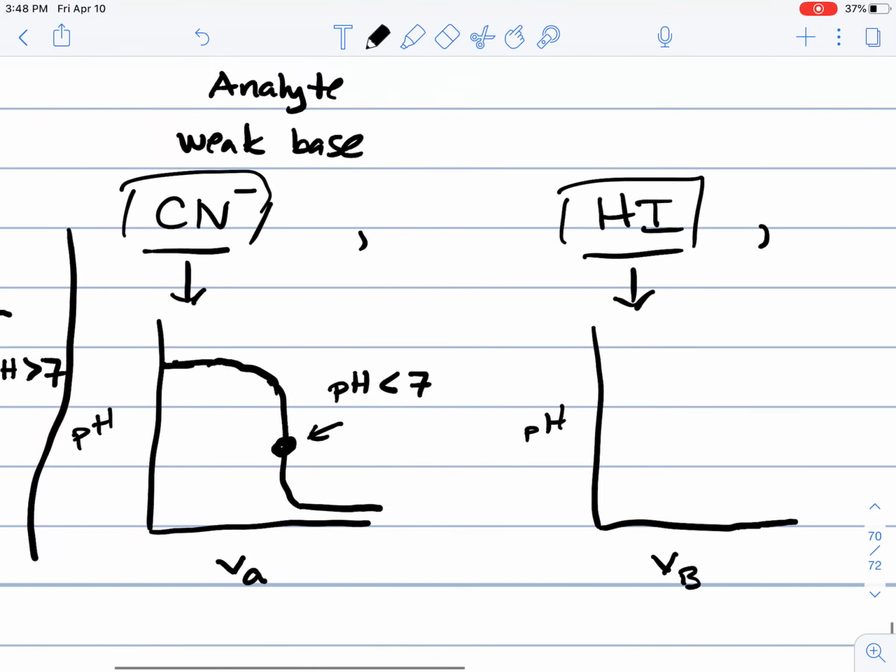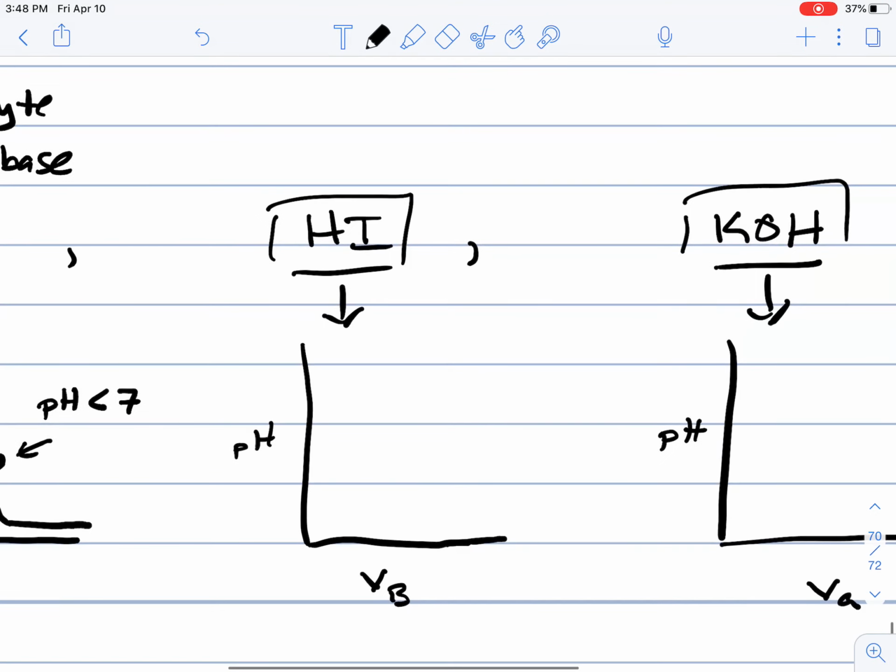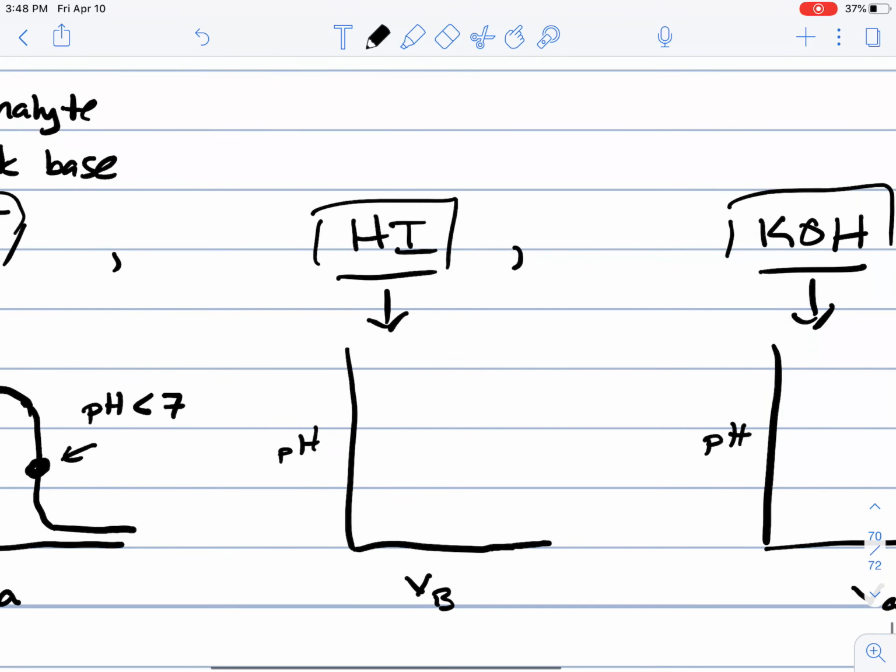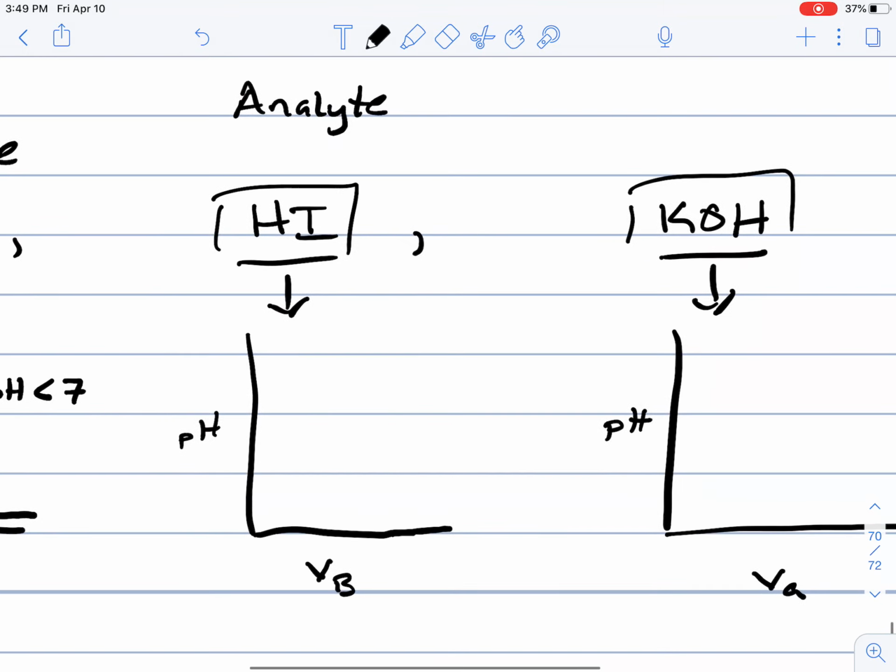All right. And so if our hydroiodic acid is our analyte, we know that this hydroiodic acid is a strong acid. So we need to titrate it with a strong base.